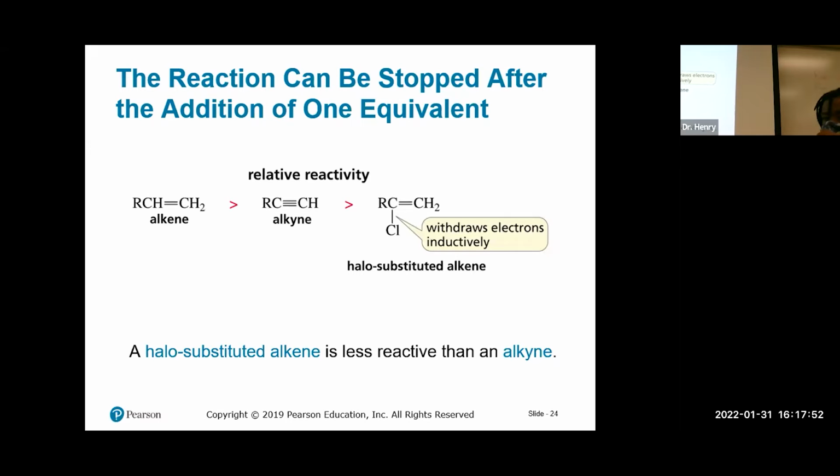So if I add excess hydrobromide, what's going to happen? It's going to become a twin. That's right. Yeah. If I add equivalent hydrobromide, okay. Now, this is going to be true for chlorine and bromine. When we get to iodine, that's not going to be the case. And I'll talk about that a little bit later.